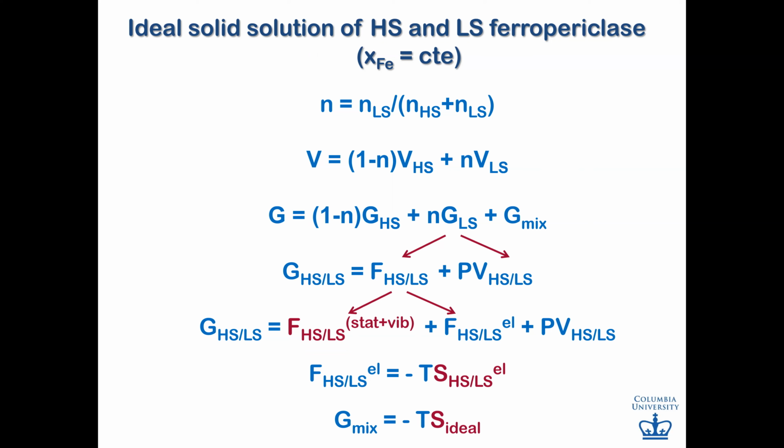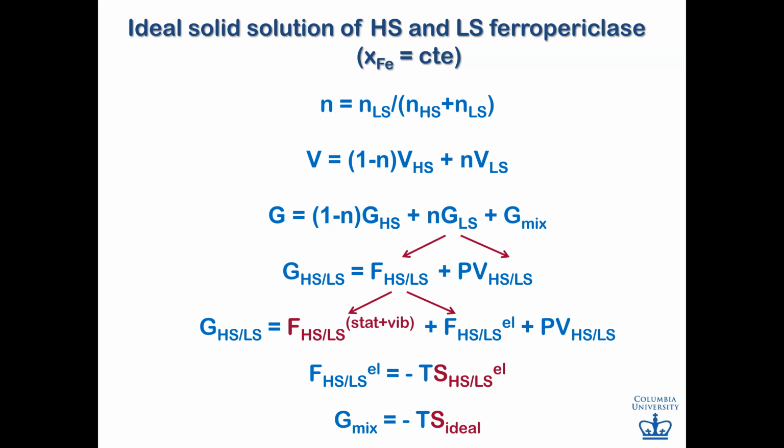This is not an ideal solid solution of MgO-FeO. For the MgO-FeO solid solution, we take care of that because we do ab initio calculations in a supercell with iron and magnesium interacting with each other. This is a solid solution of high spin and low spin ferropericlase.